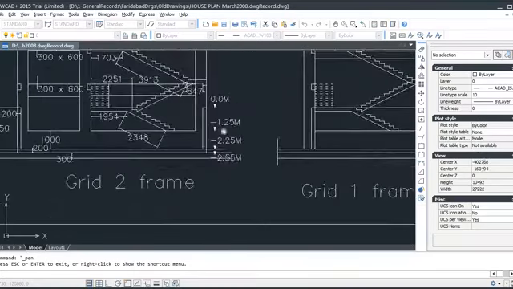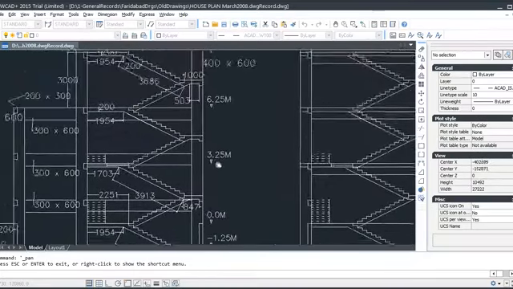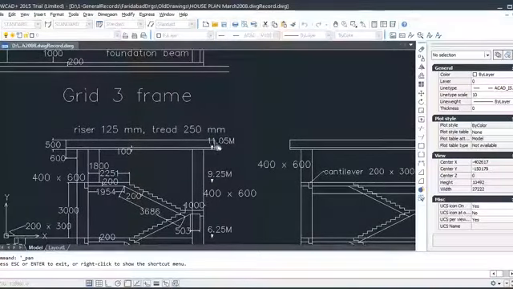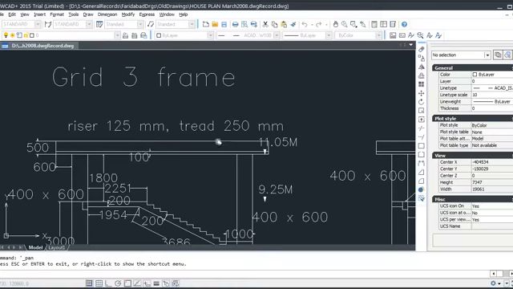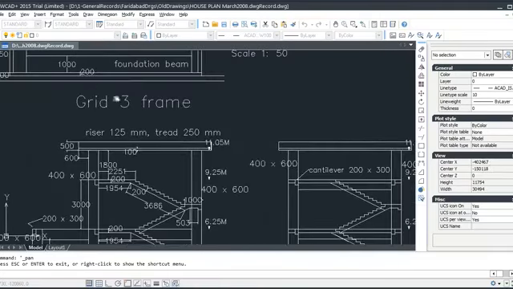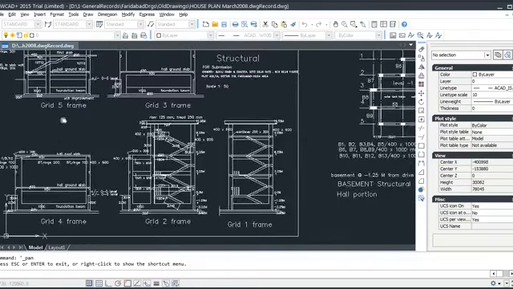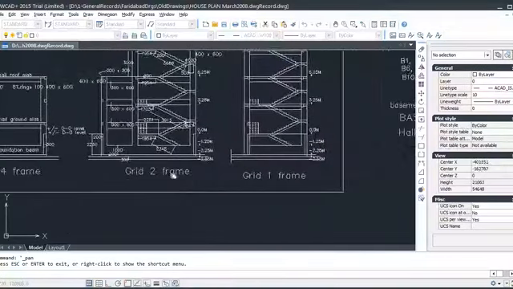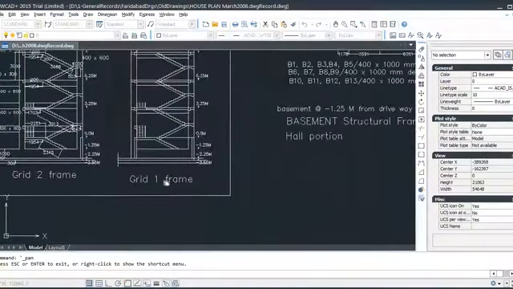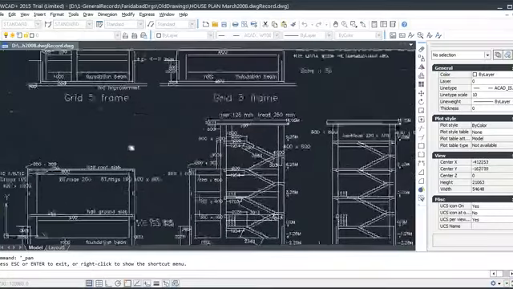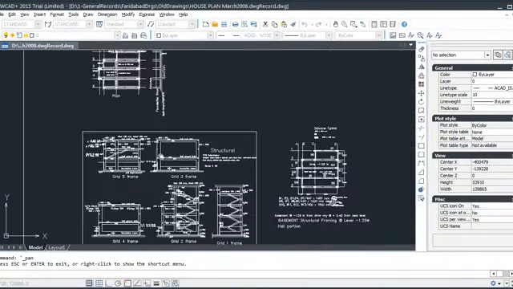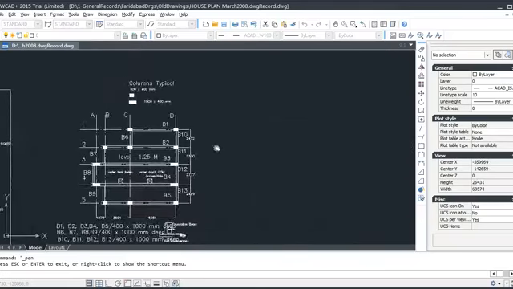It's indicative only, and we go 3.25, 6.25, 9.25, and 11.05, and I say riser is 125 mm, tread is 250 mm, and this is grid 3 frame, like that is grid 5 frame, like that is grid 4 frame, like the grid 2 frame, grid 1 frame. These are framings.